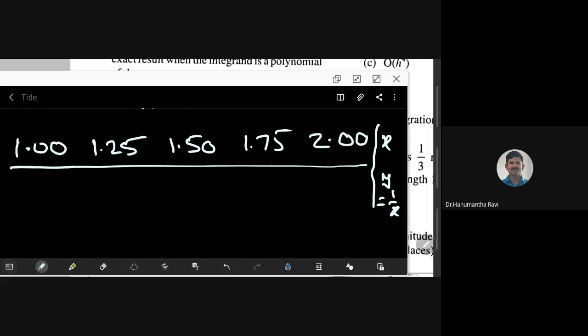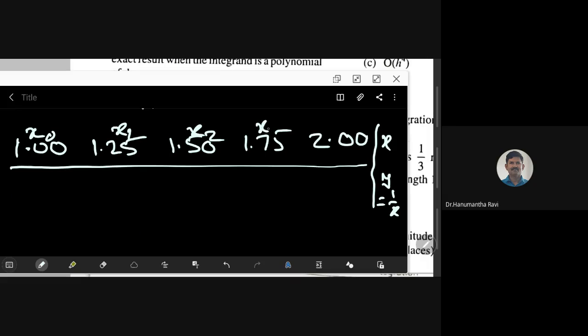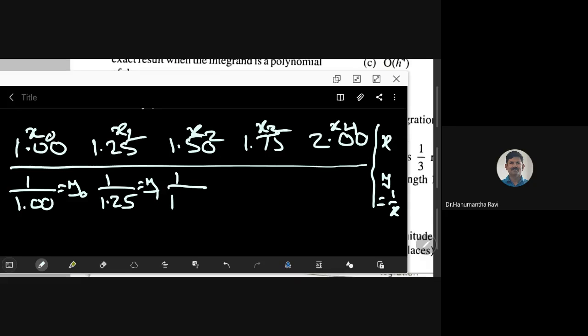See here, this is x0, this is x1, x2, x3, x4. Now here y0 is 1 by 1.00, and 1 by 1.25 is y1, 1 by 1.50 is y2, 1 by 1.75 is y3, 1 by 2.00 is y4.